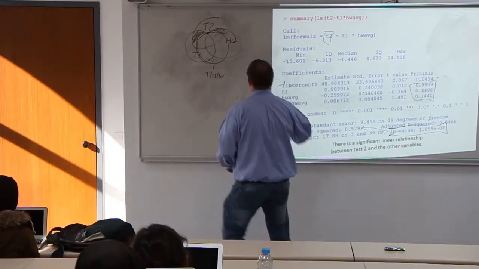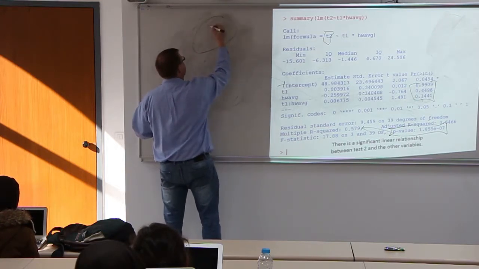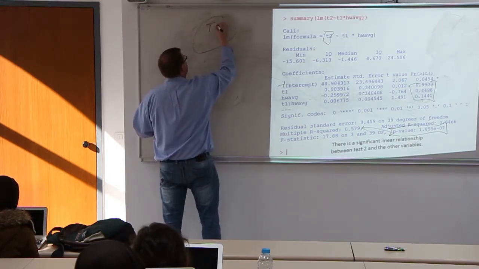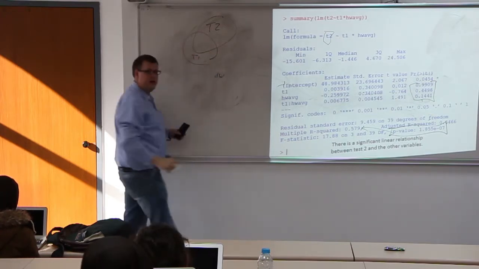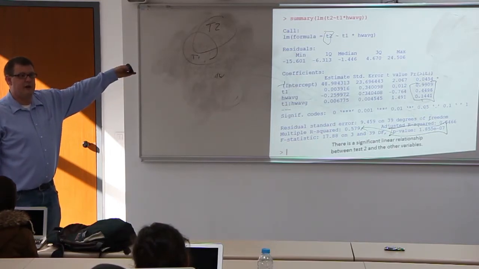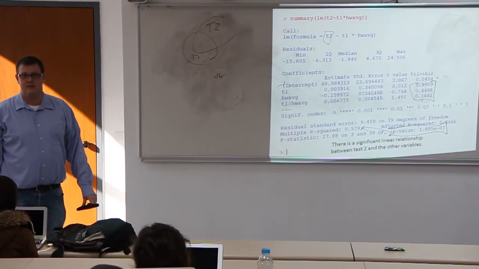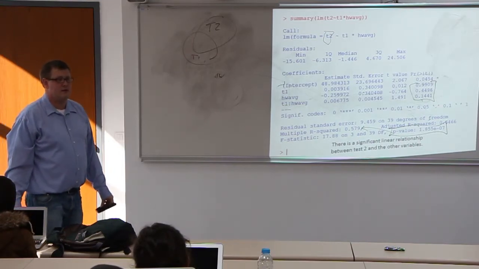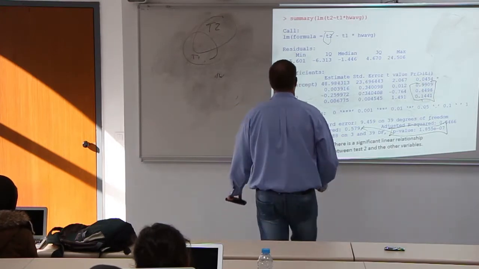If we want to think about it a little differently, imagine that we were just predicting T2 from test 1. We said that accounted for a significant amount of variance. What if we included test 1 twice? Go ahead and create a new variable.